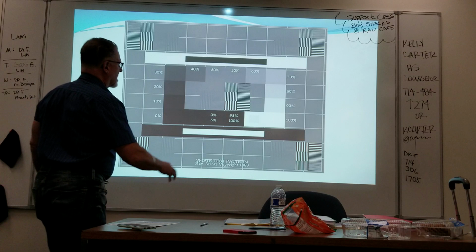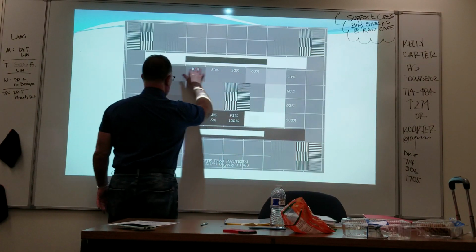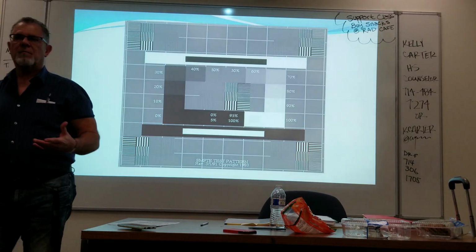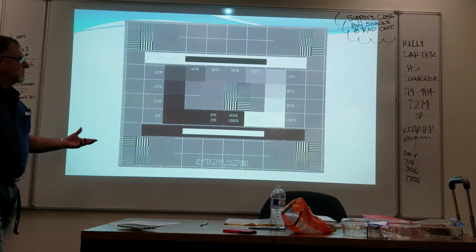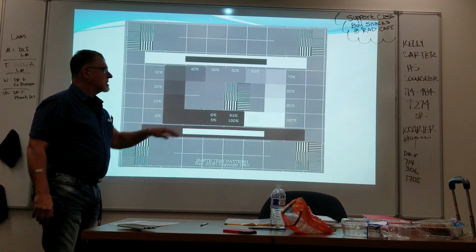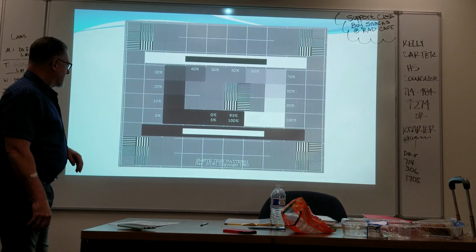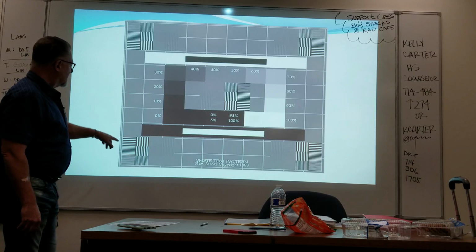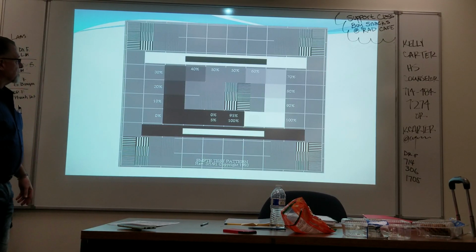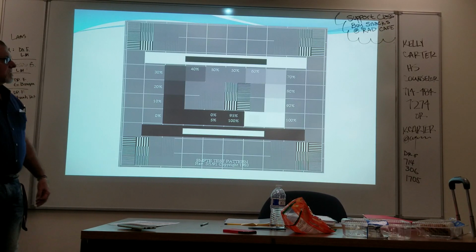So this would be compliant. This would not be. So there would have to be a recalibration of the monitor done to make sure that the 0.5% box display was visible. And then you've got low contrast and high contrast resolution patterns that can be done.